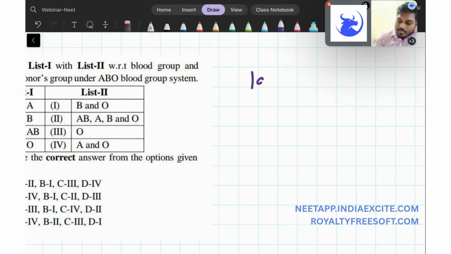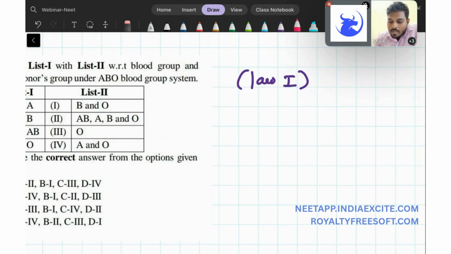Law 1 states, if an antigen, proteinaceous or sugar molecules or glycoproteins, is present on the surface of the plasma membrane, say A or B, on the surface of RBC, the corresponding antibody will be absent in the plasma.